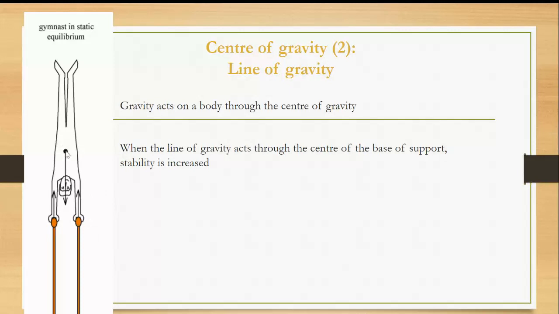In fact, it's right in the middle of those two things. So that makes this person in quite a stable position because their center of gravity is in line with their base of support. And it's even better if that is in the center of their base of support. So because it's right in the center, they're in a very stable position.